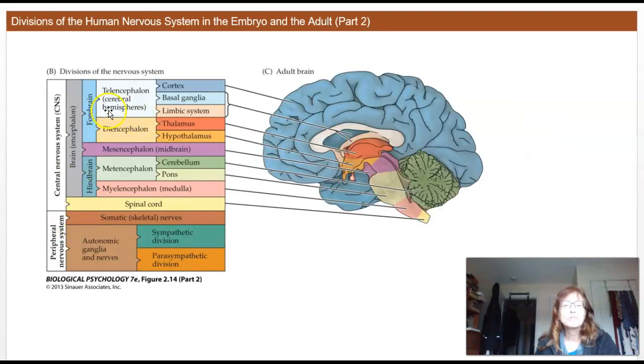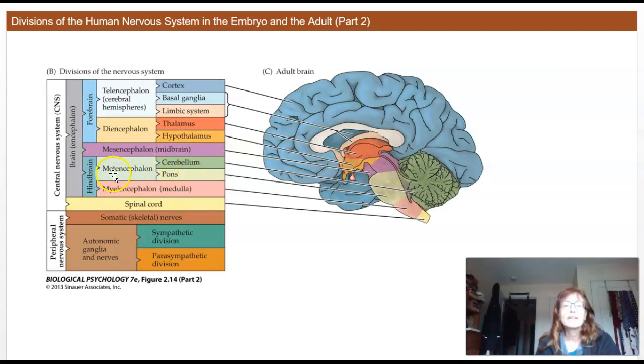Now, this really tells us what happens. When we talk about telencephalon, what we're looking at is the cortex, the basal ganglia, and the limbic system. We have the diencephalon, which is that thalamus and hypothalamus region. The mesencephalon stays mesencephalon.